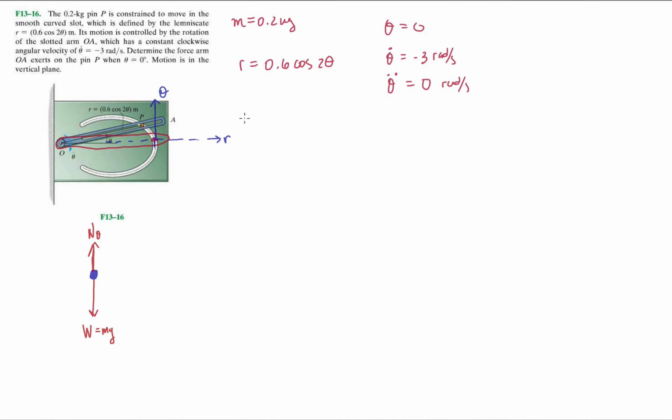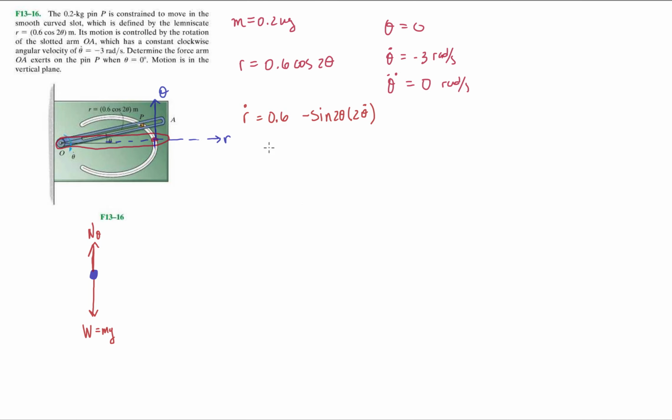We know that r dot is going to be, if we take out the 0.6 and evaluate cos 2 theta, a minus sine 2 theta, times the derivative of what's inside, which is 2 theta dot.